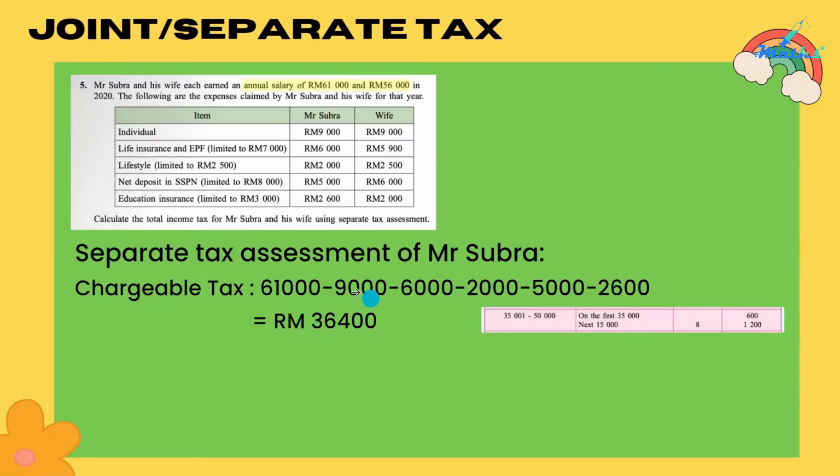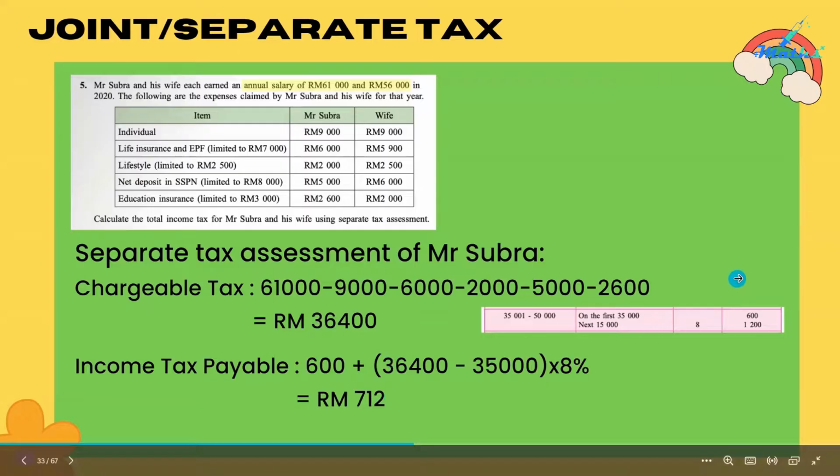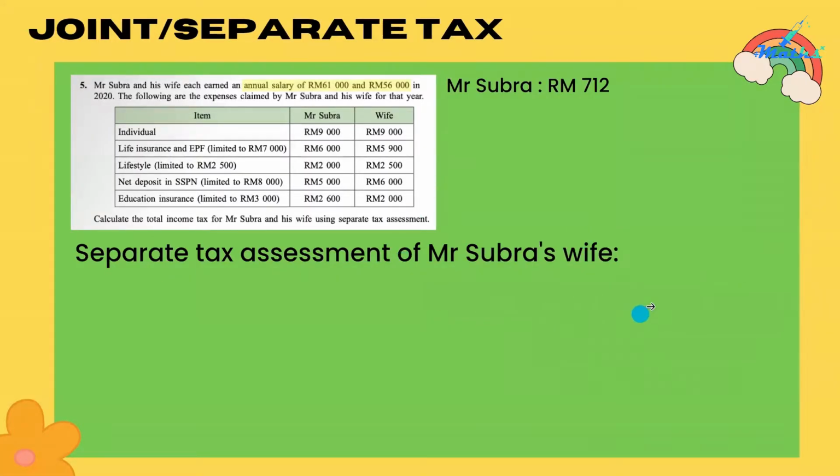And since it is 36,400, we use the 35,000 to 50,000 rate and the tax, so that we can count the income tax payable, which is 600 plus the chargeable income minus the first 35,000, then times the 8% rate. So the answer should be 712.